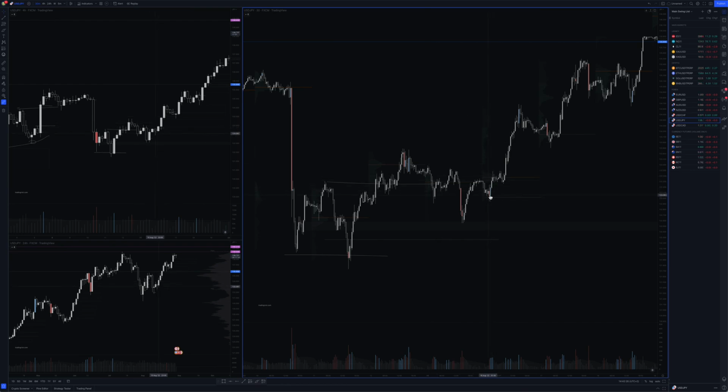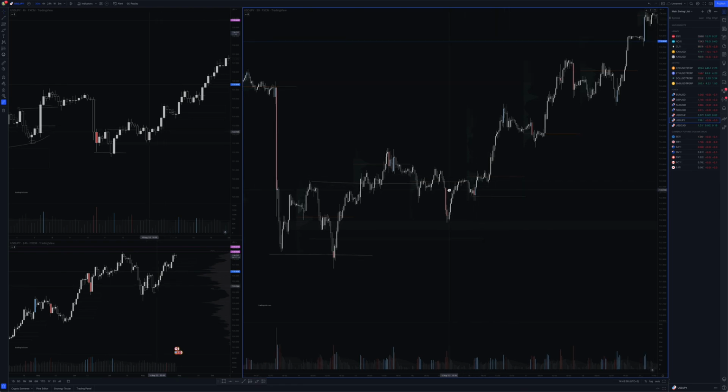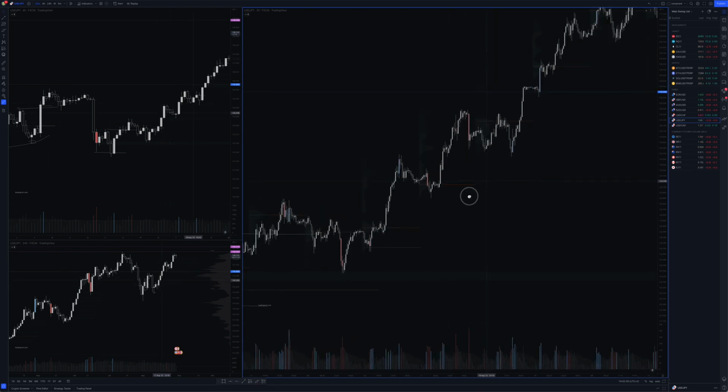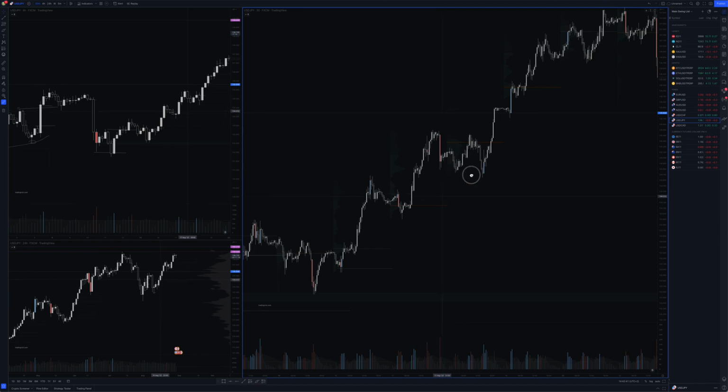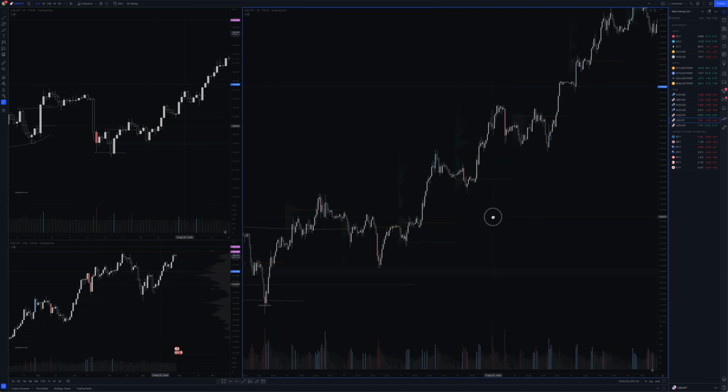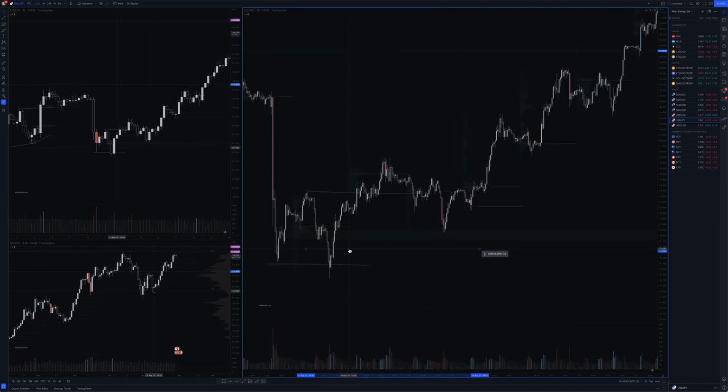The push from this level is very tiny, and also you don't really break the structure, you just hover around here. So I wouldn't be setting a limit order here, and this is in a huge trend, so you don't get many chances. But there is one thing you can do with this, and I tend to do this sometimes when I have a strong daily bias.